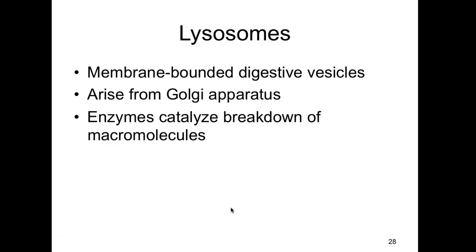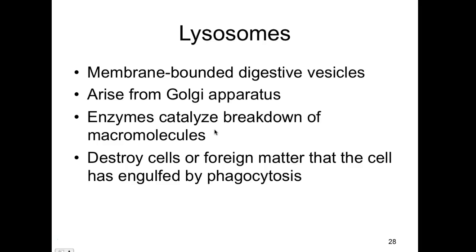So they're going to catalyze, or speed up, the breaking down of the larger macromolecules, so the polypeptides, proteins, polysaccharides, etc. So we would say that this is a hydrolytic reaction or a catabolic reaction. They also help destroy cells. It's also going to help destroy foreign matter that cells have engulfed via phagocytosis. So they play a role in digestion.